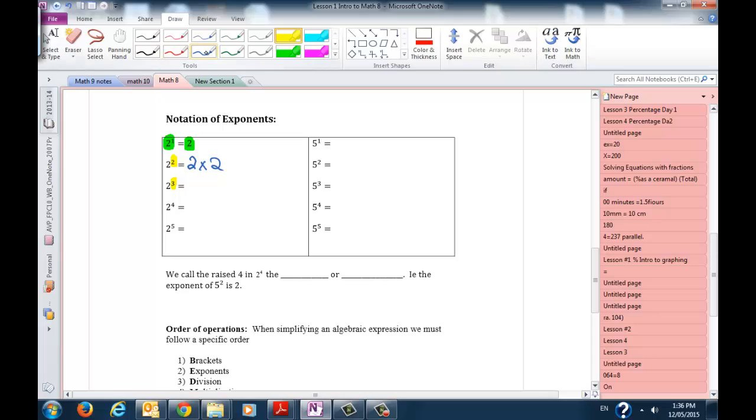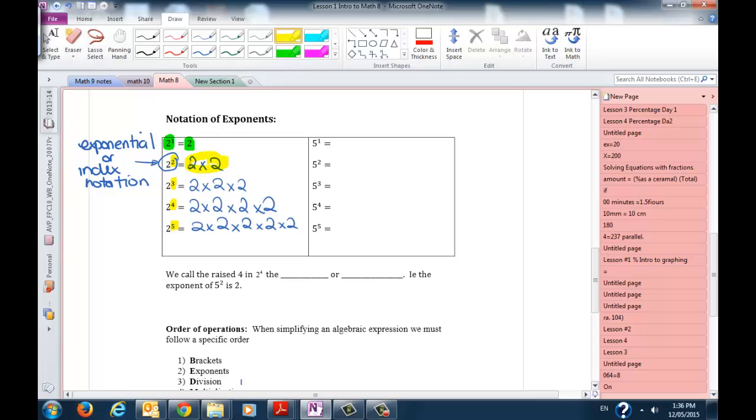The exponent 3 is telling me that 2 is being multiplied by itself 3 times. The exponent 4 is saying that I'm multiplying 2 by itself 4 times. And the exponent 5 is telling me that 2 is being multiplied by itself 5 times. If it asks you to write something in exponential or index form, they're looking for this right here. So this is exponential. And when we write it out like this, we call this expanded form.